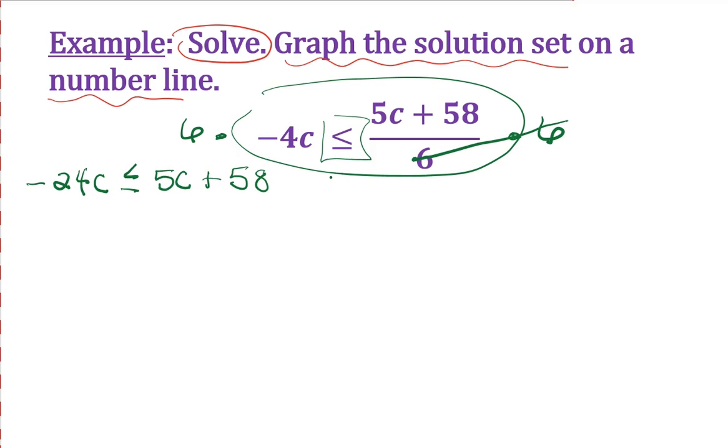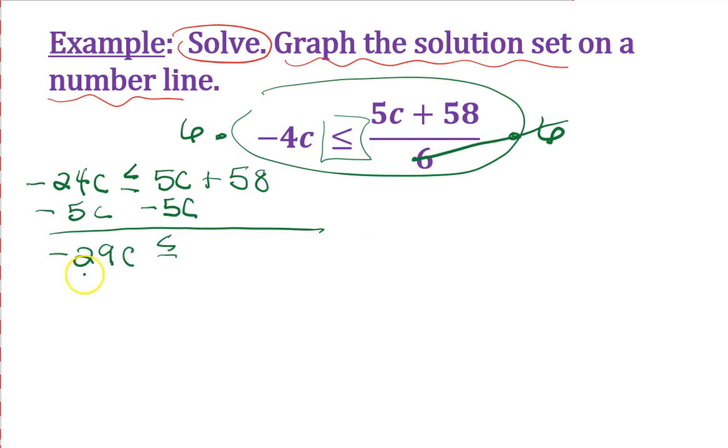We want to isolate the variable, so I'm going to move the 5c over to the other side through subtraction. Now I'm showing all my steps here. At the beginning, you guys probably should too, so that you get used to the process again. But after a while, some of the steps that are basic you can skip over. We get negative 29c is less than or equal to 58. Divide both sides by negative 29.